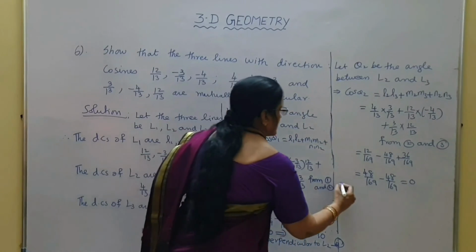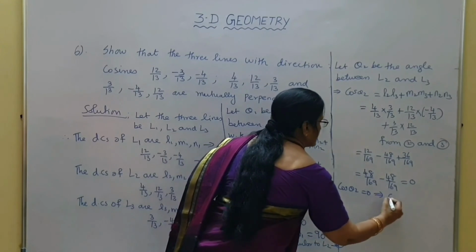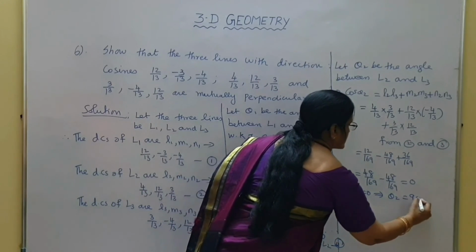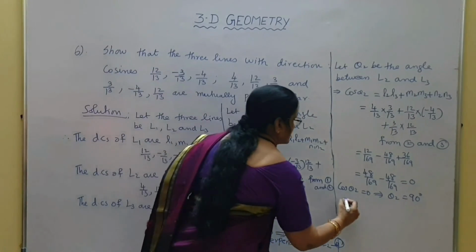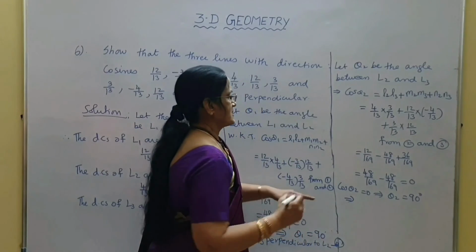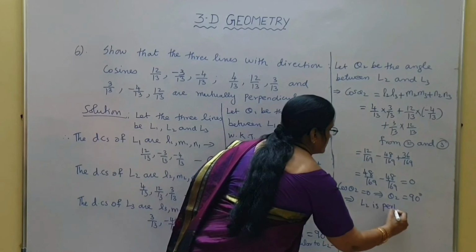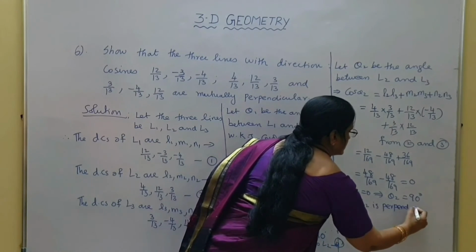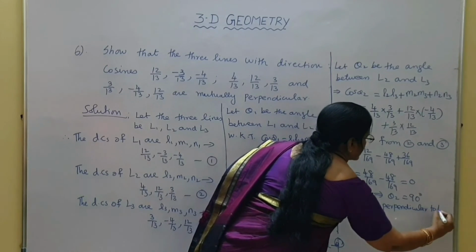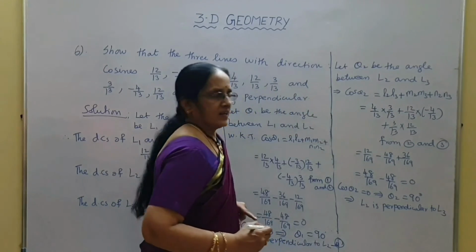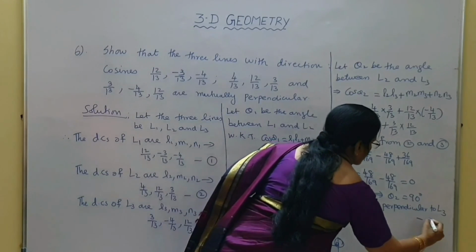That is cos theta 2 equal to 0 implies theta 2 equal to 90 degrees, which is nothing but this implies the line L2 is perpendicular to the line L3. We took the previous result as 4. Let us take this result as 5.